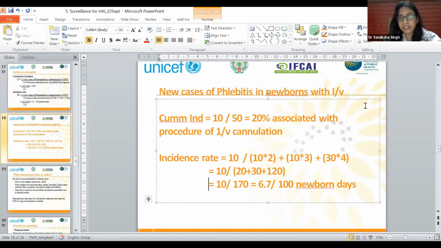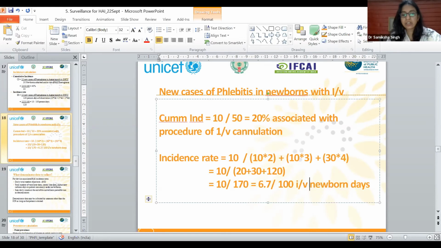The cumulative incidence says that 20% of newborns who get IV cannulation will develop phlebitis, whereas the incidence rate says that 6.7 newborns will develop IV phlebitis compared to 100 newborn days of risk. Do you understand what we are saying?